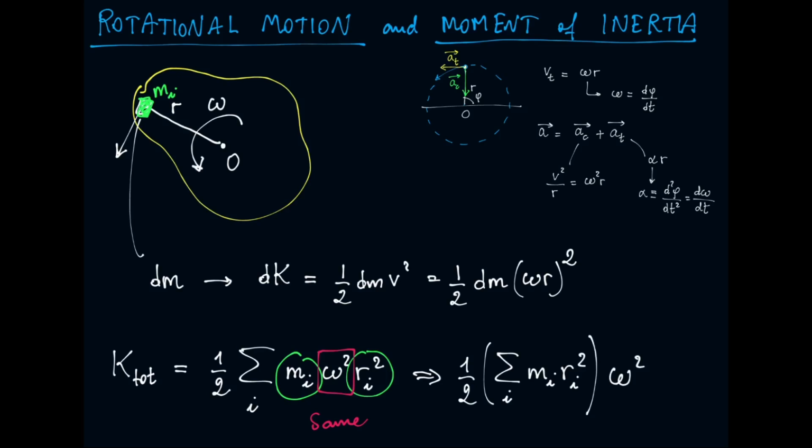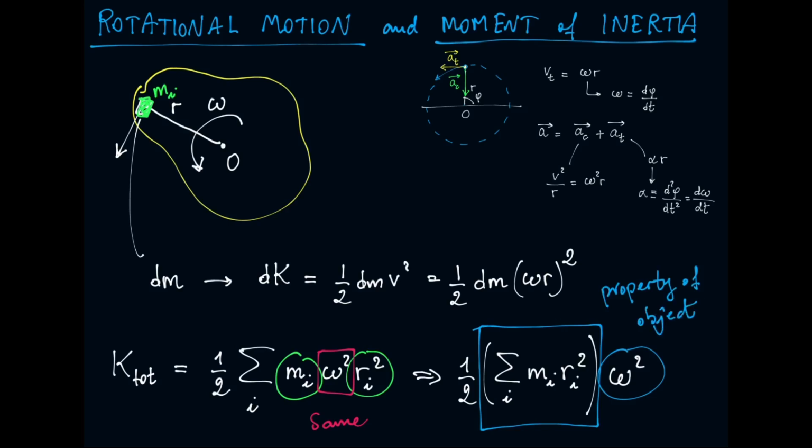It looks complicated and odd, but it's already a little bit attractive, because this omega is a universal thing that just depends on how quickly this object is rotating. And this summation does not depend on the type of rotation or the speed of rotation or anything. It's sort of a property of the object.